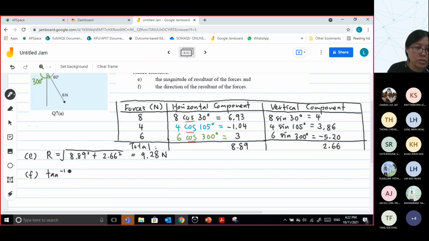Let's find the arctangent of vertical over horizontal, 2.66 divided by 8.89. Both values are positive, so we are in the first quadrant, right? This will be your angle already. The basic angle is the answer already.